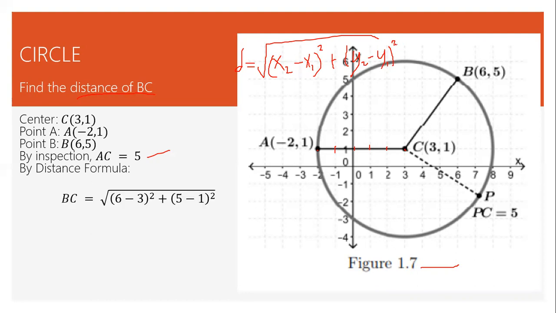Okay, let's check. Our distance is BC. So, square root of, let's label this x sub 2 and y sub 2, x sub 1 and y sub 1.